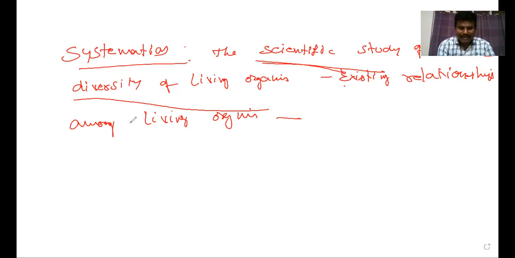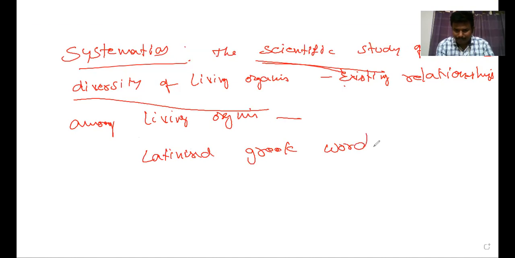The term systematics is derived from a Latinized Greek word, systema, meaning classification of organisms.